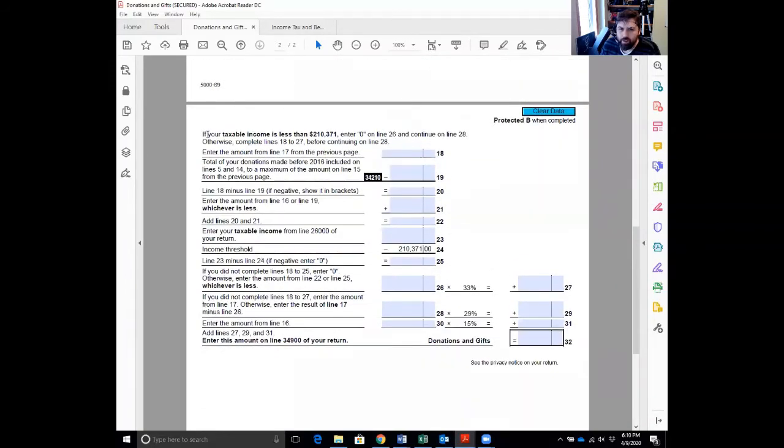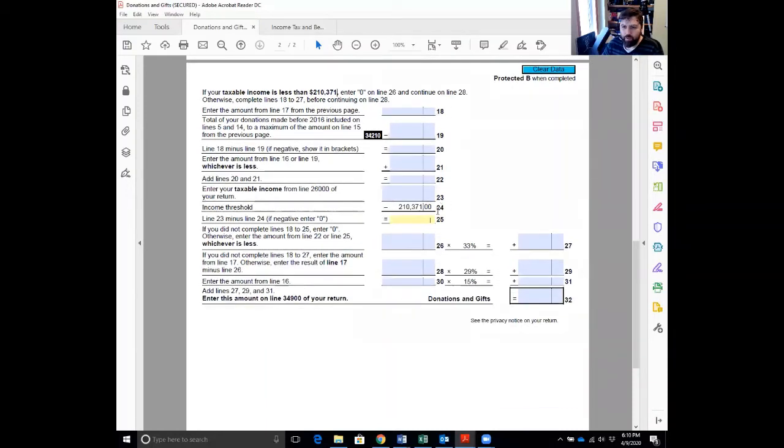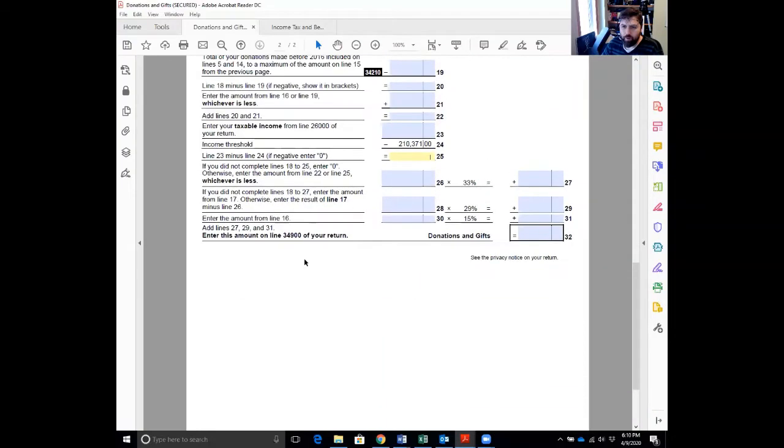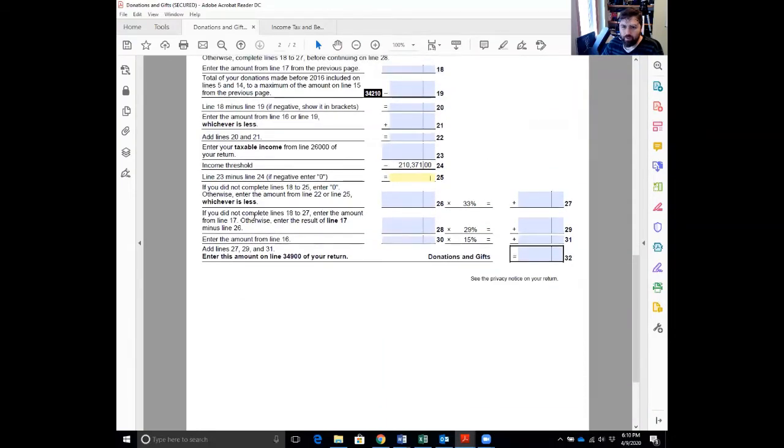There's a section here. If your taxable income is less than $210,371, enter 0 on line 26. So usually that's pretty easy to do. Just skip all this and put 0 here. And then we get down to the lines where we're calculating the rate. So as you can see here, we've got different rates.